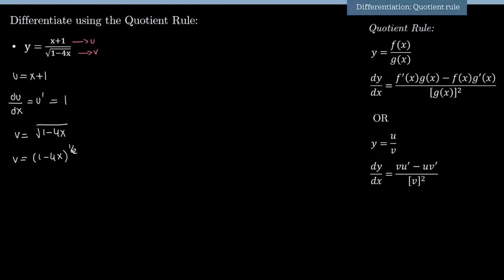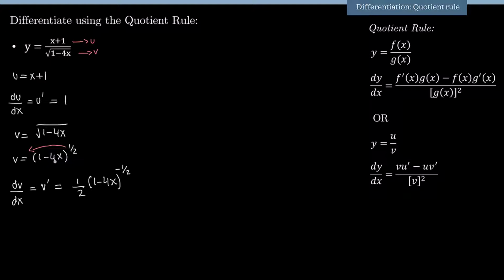Now to differentiate this, I'll need to apply the chain rule here. And in the chain rule, the power comes down first. So dv upon dx, which we also call v dash, is going to be equal to 1 upon 2 times the inside function we write as it is, so 1 minus 4x, and the power gets reduced by 1, and 1 upon 2 minus 1 is minus 1 upon 2, and times the derivative of the inside function.